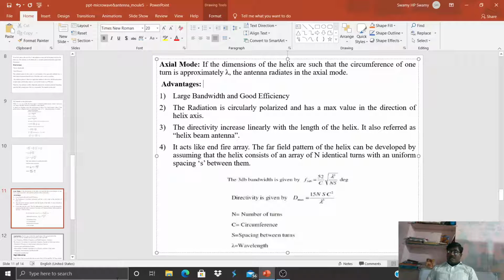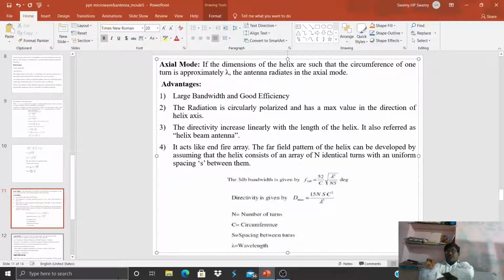Then the next advantage is that the directivity increases linearly with the length of the helix. The directivity of the helical antenna increases according to the length of the helix. It is also referred to as a helix beam antenna. When your directivity increases according to the length of the helix element, it is called a helix beam antenna.